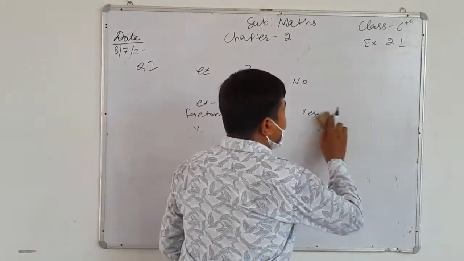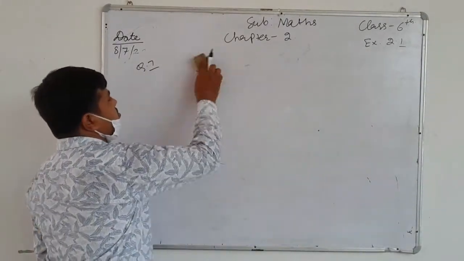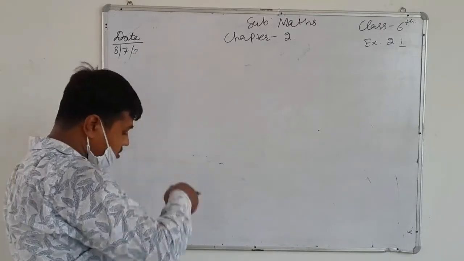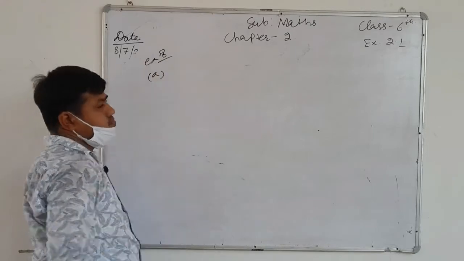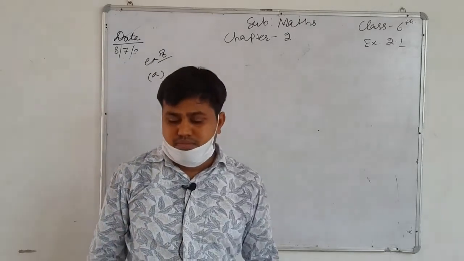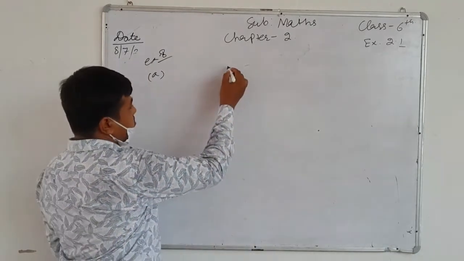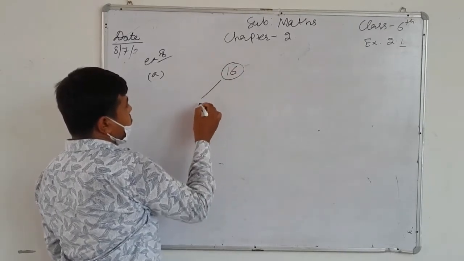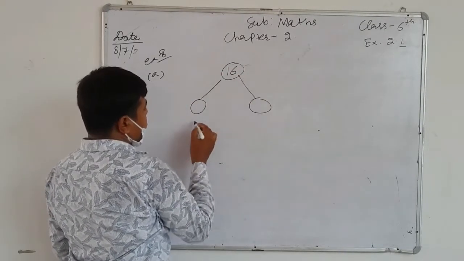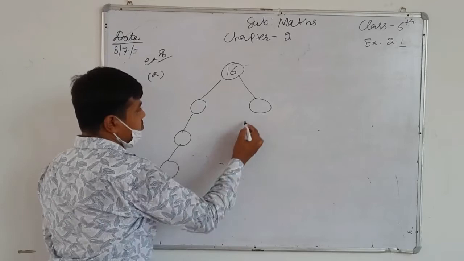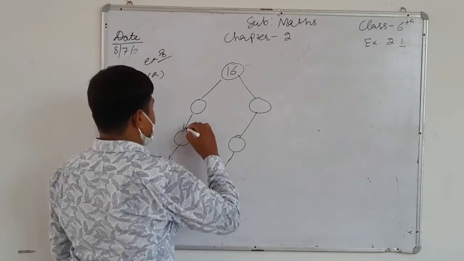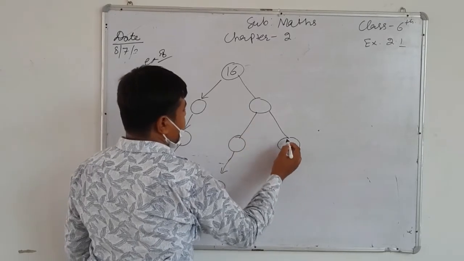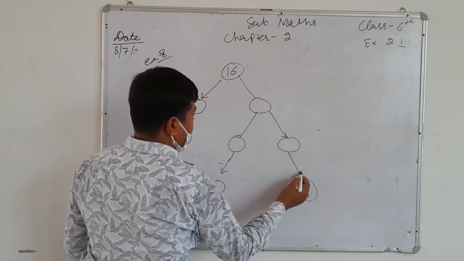Next question, 8th question. 8th question, the last question of exercise 2.1, in which you have to complete the tree diagram that is given in the exercise book. 16. The number is 16. We have to complete this tree diagram.